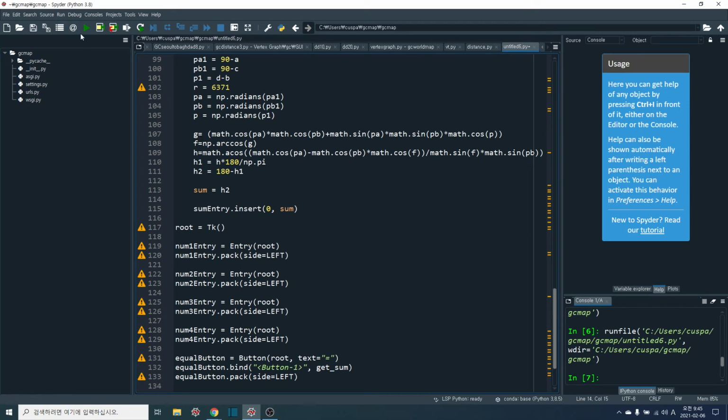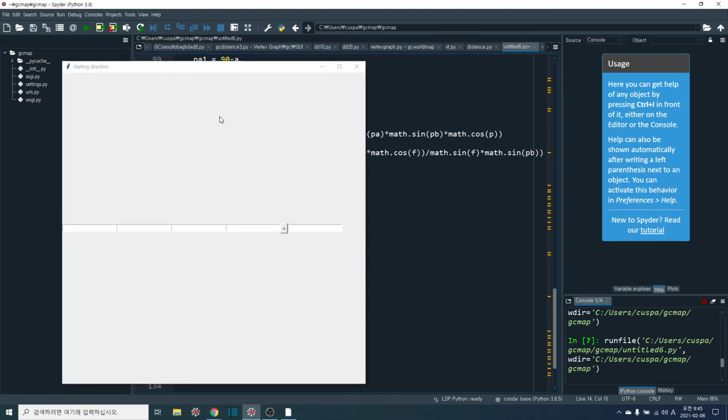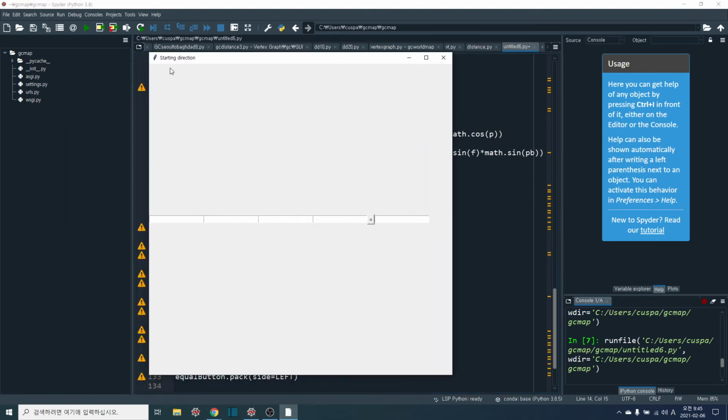And here with the graph I can calculate. This is A and this is B, and this is A, this is C, and B and D, and the calculation is 30 latitude and 20 east, and 45 latitude and 120 east.